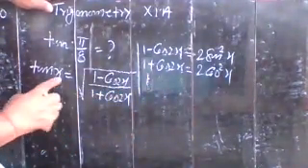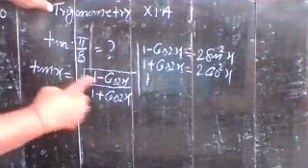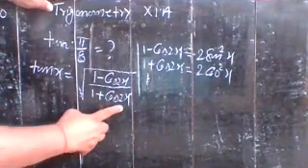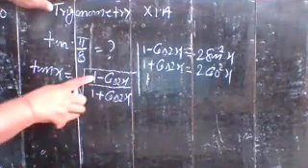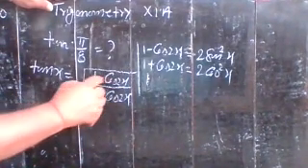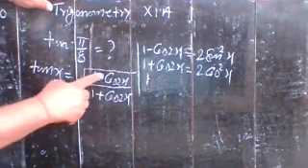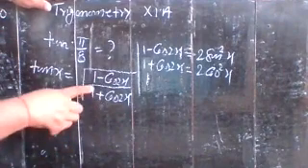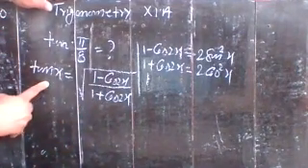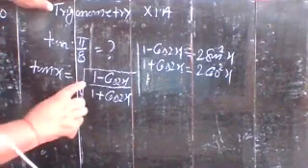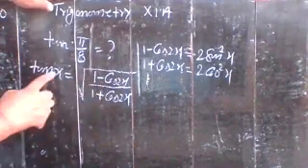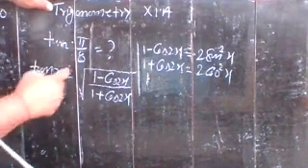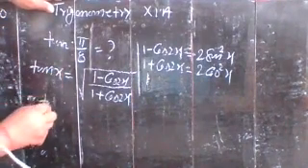Now if you put the value of 1 minus cos 2x here, you have 2 sine square x, and here you have 2 cos square x, and 2 and 2 cancel out, and finally you have tan x. Understand? So suppose you put x equal to pi by 8 here.